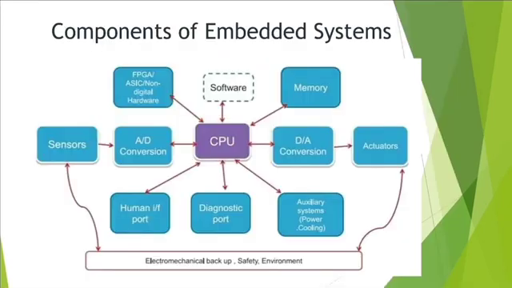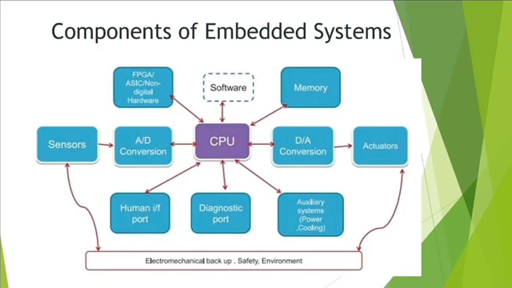Now, coming on components of embedded system. We say that embedded system is a combination of hardware and software. It takes an input, processes and gives the output. Sensor takes an input. There are various types of sensor like light sensor, gas sensor, smoke sensor, moisture sensor and various types of sensor.